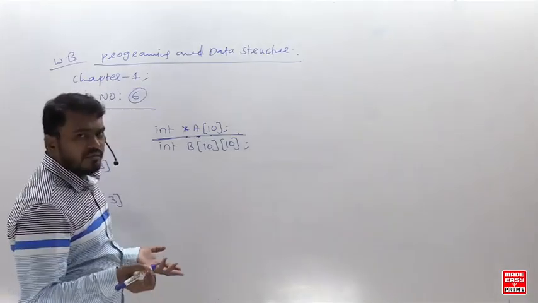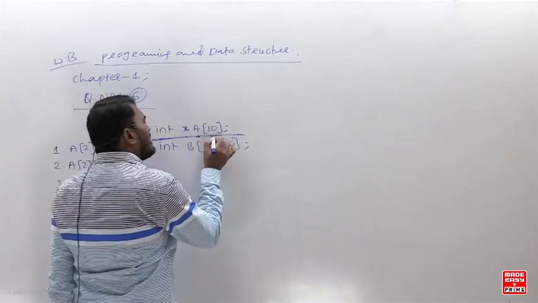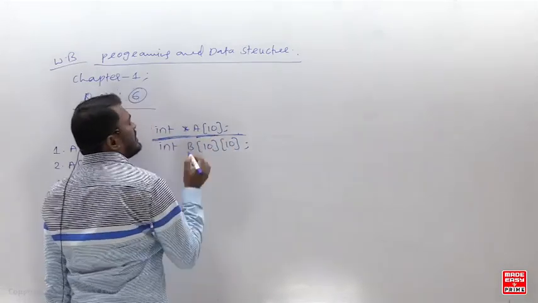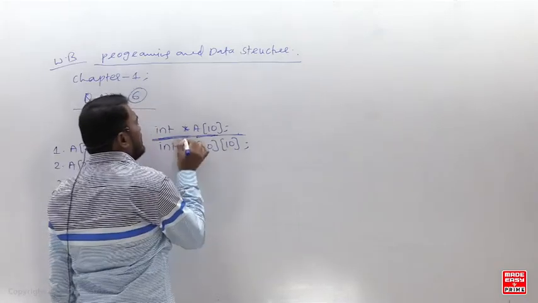In a simple manner, a is an array of 10 elements, where every element is an integer pointer.